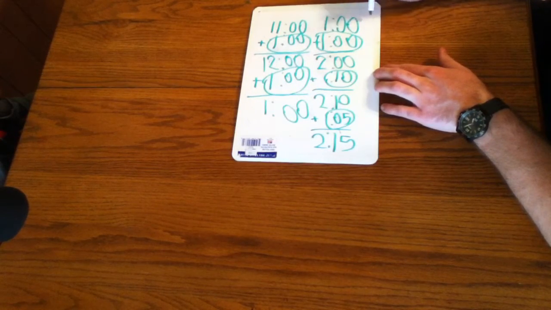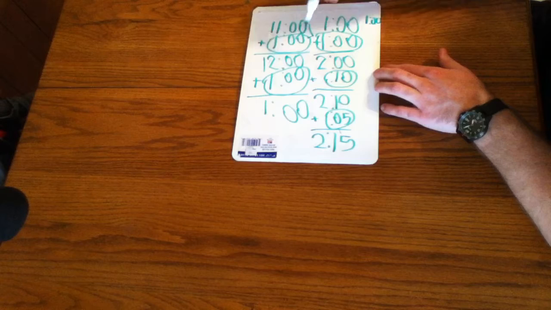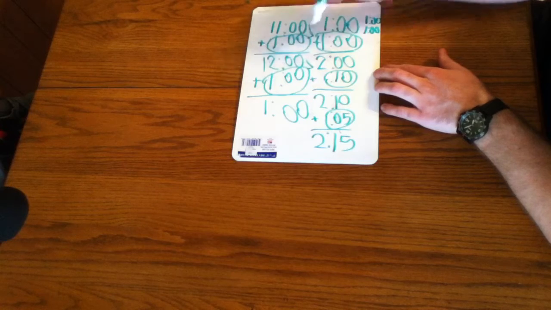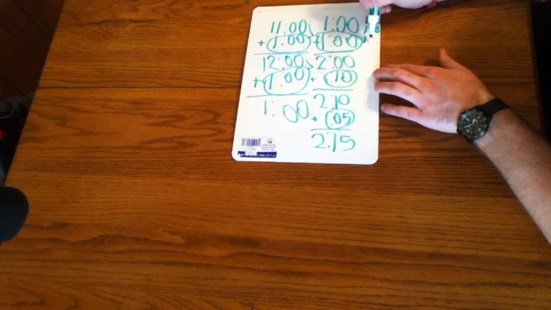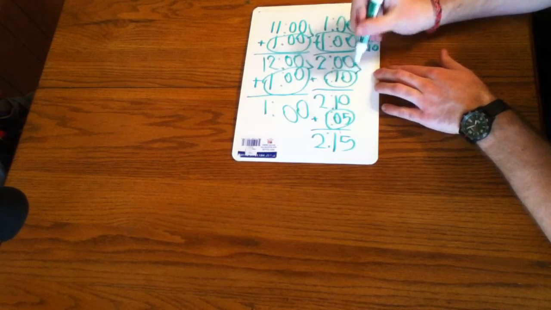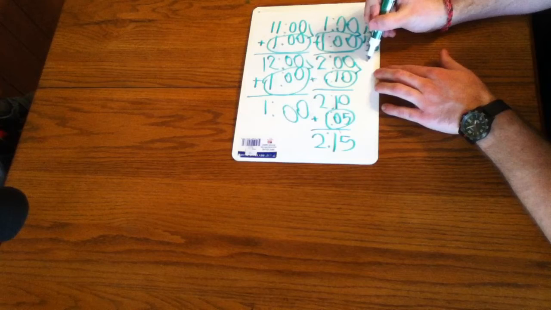And so we have 1 hour from over here, so check, we used that. Then we have another hour, so check, we used that. And then we come over here and we had 1 more hour. Then we had 10 minutes and then 5 minutes.